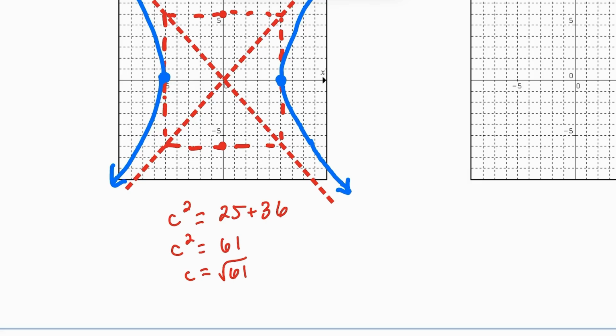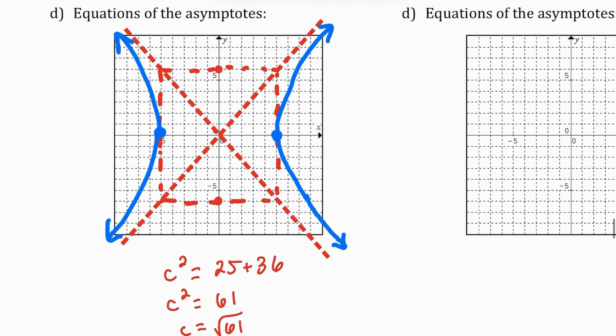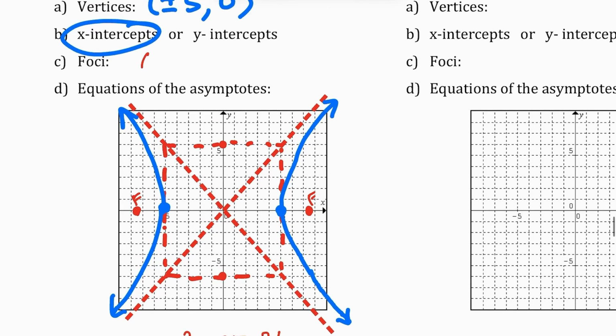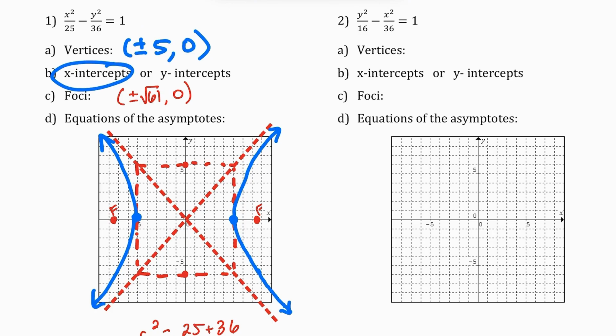Well, 61 is between 49 and 64, so that means our focal point is somewhere between 7 and 8. So 5, 6, 7, 8, somewhere here. Those are my focal points. So for my foci, I can just write plus or minus the square root of 61, 0, because those foci ordered pairs should be very similar to the vertices.